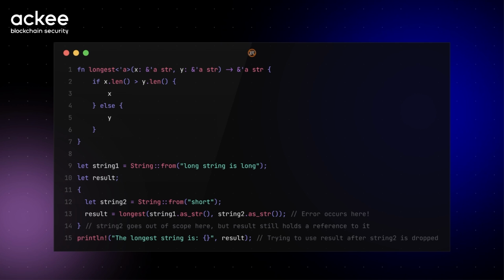That means after the block on line 14, string 2, which is not longer than string 1, went out of scope, so the lifetime was not ensured. On line 15, string 1 still lives, it did not go out of scope yet, but string 2 was already dropped after the block ended on line 14.